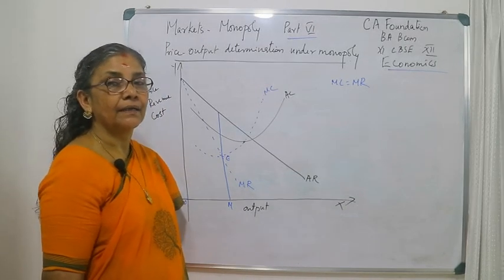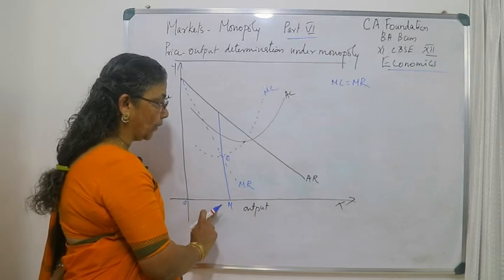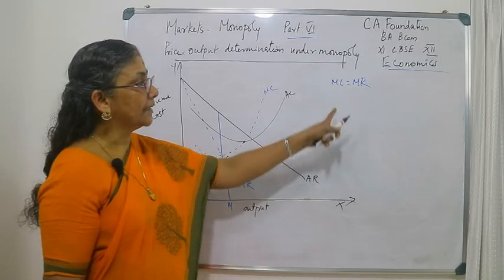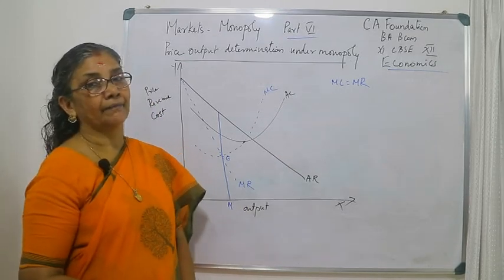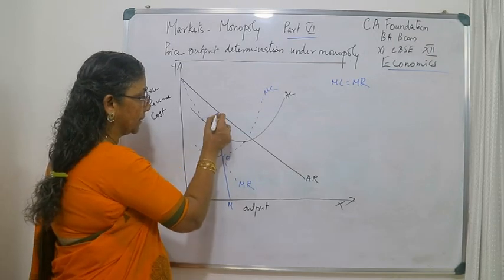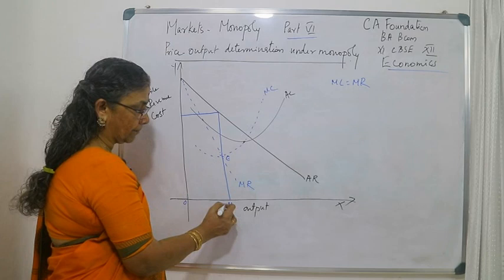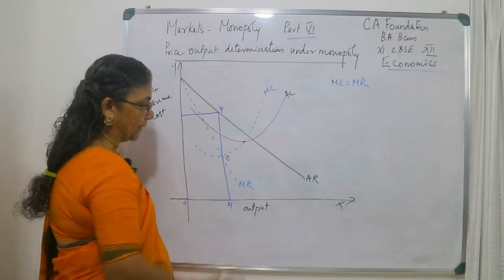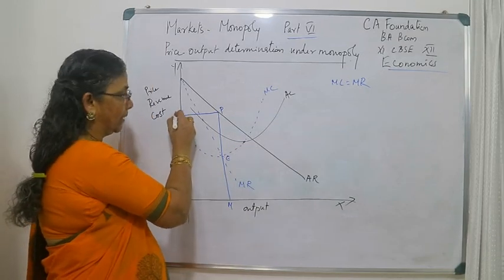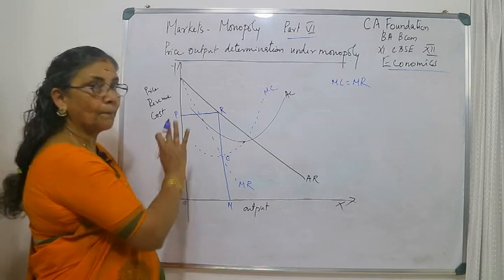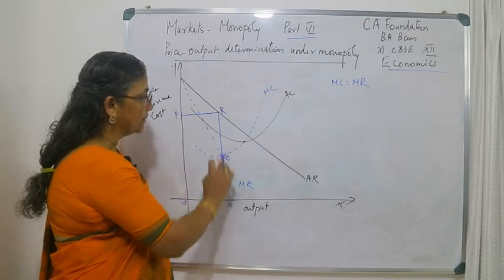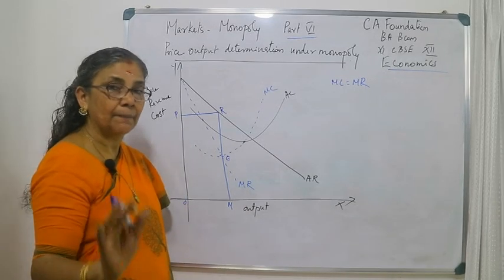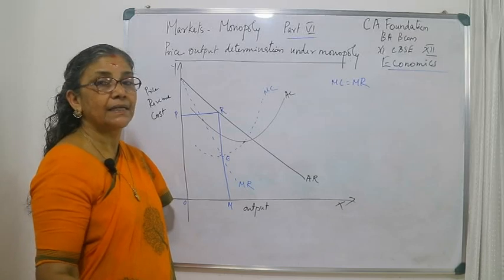The producer gets maximum profit at OM, where MC equals MR. Corresponding to this point, suppose OP is the price of the product. That is the revenue of the firm, the average revenue of the firm.